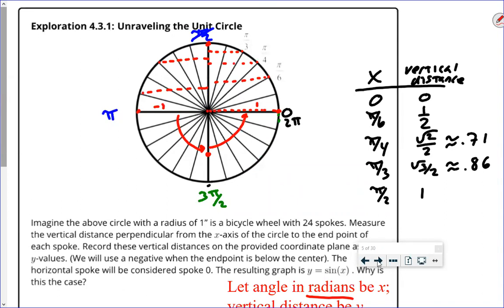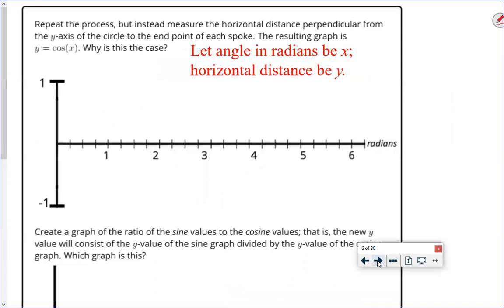So what would that look like? Well, same deal, right? We've got pi over 2, pi, 3 pi over 2, and 2 pi. So now, instead of starting at the origin, we're starting up here at 1, because that's where that first spoke was, spoke number 0.